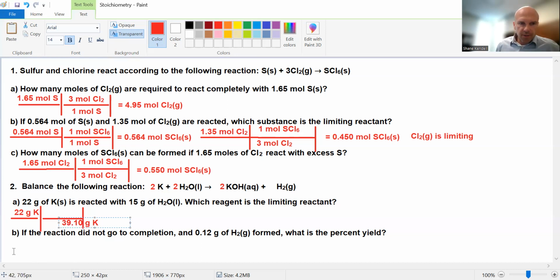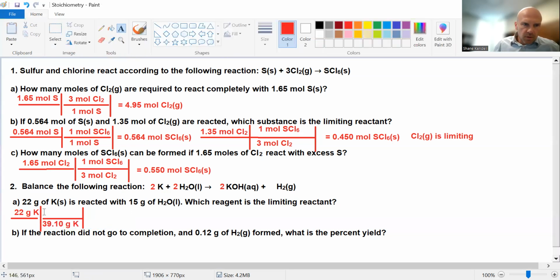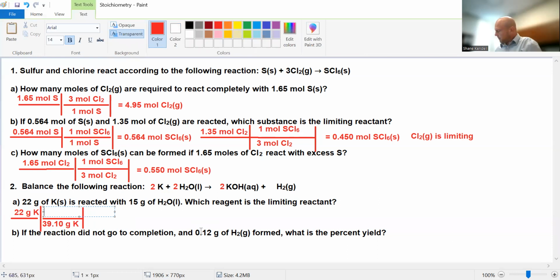There's 39.10 grams of potassium is related to 1 mole of potassium. Okay.